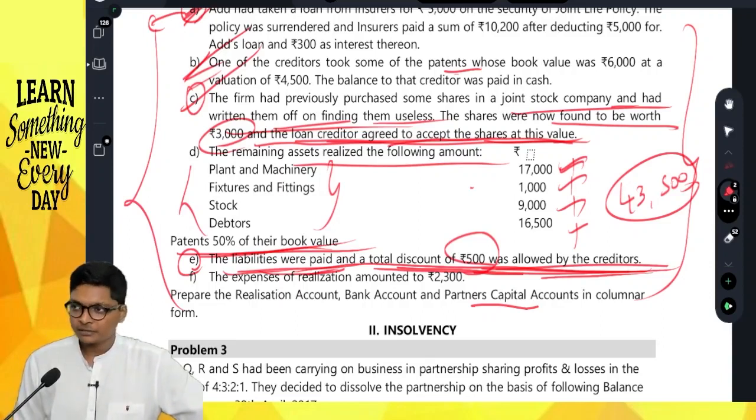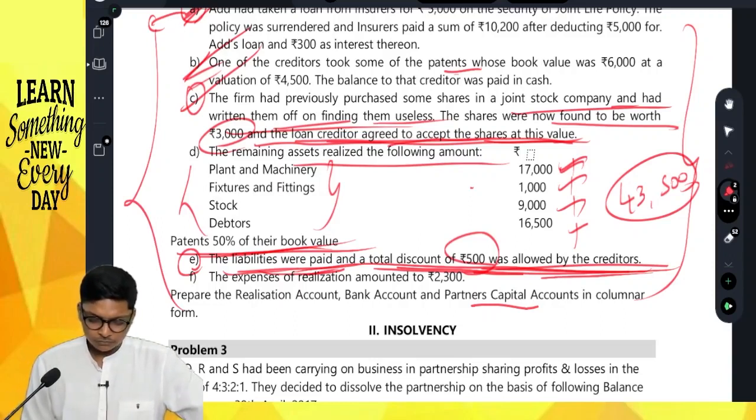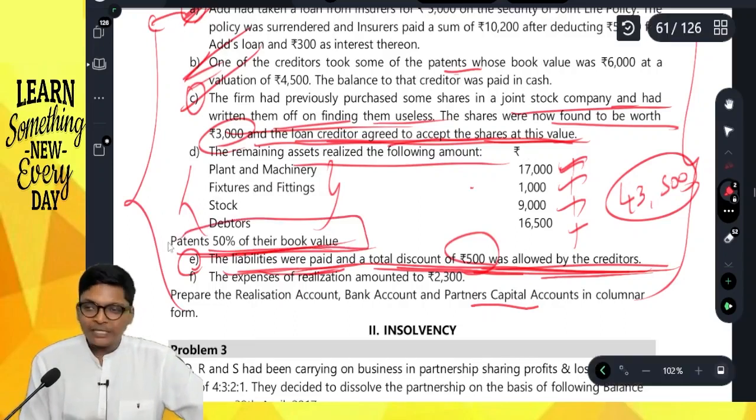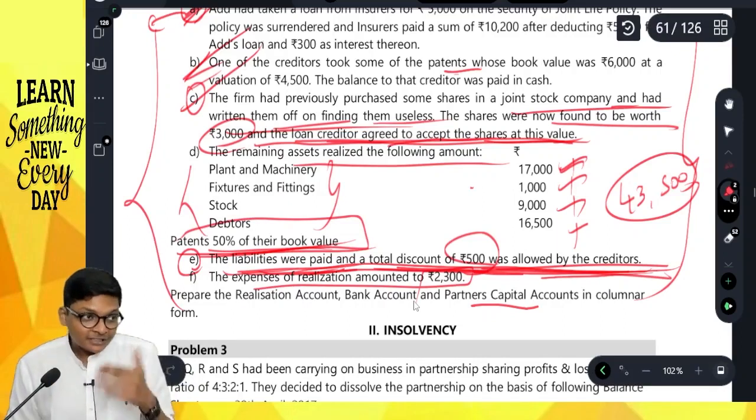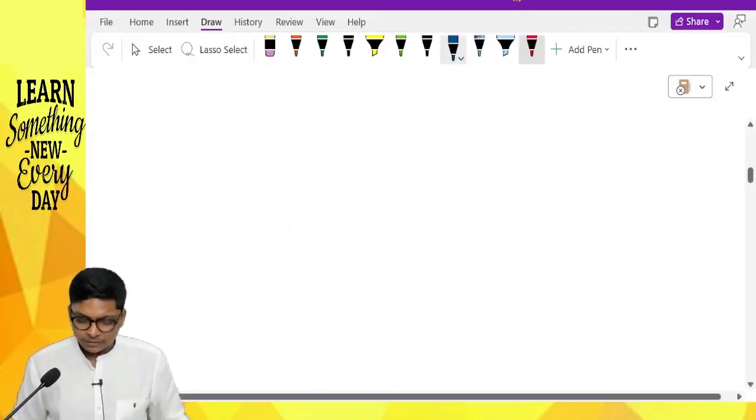Able to follow, guys? Clear? Next, patent adjustment we already did. Liabilities were paid. Expenses amounted to 2,000, first pay that. What is the entry, guys?